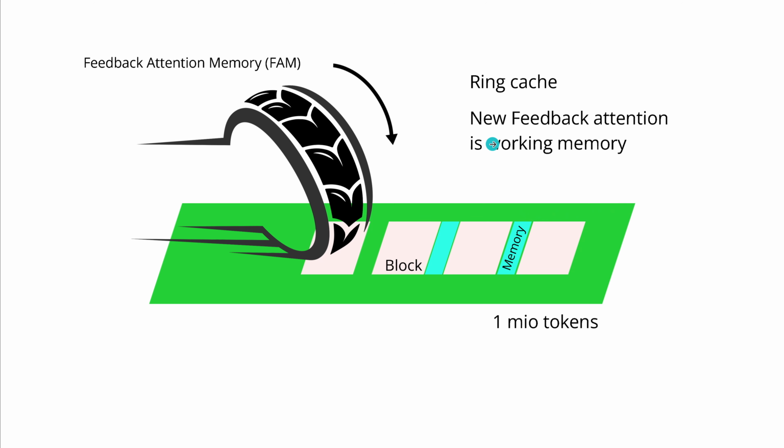But since we also add a new feedback attention mechanism, a feedback loop is in my idea always something that is kind of a circle. So I imagine this as a wheel running over my 1 million tokens. This wheel is a new transformer architecture, a feedback attention memory transformer architecture.